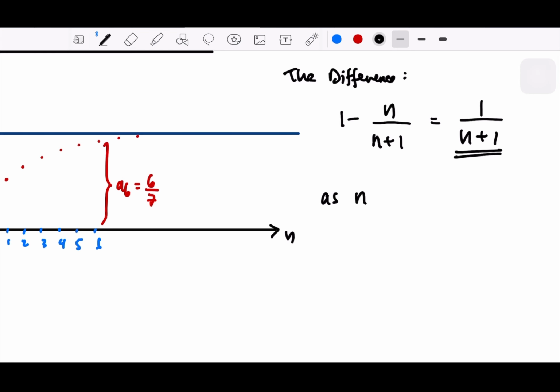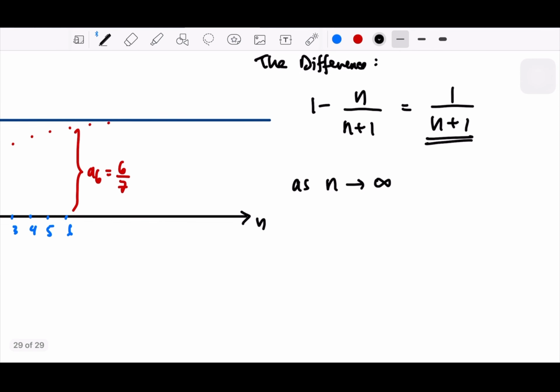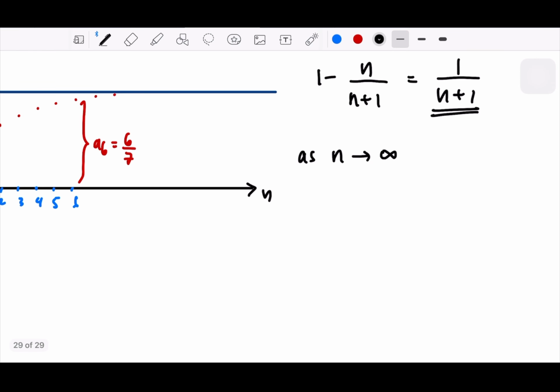As n is getting bigger, or we can write as n getting to some infinite point, or infinitely large, by taking n sufficiently large, we can write that the limit as n approaches infinity of n over n plus 1 is equal to 1.